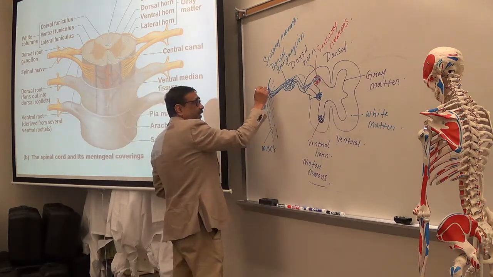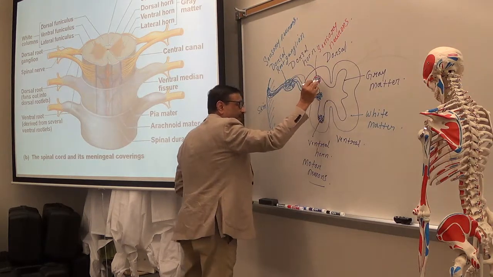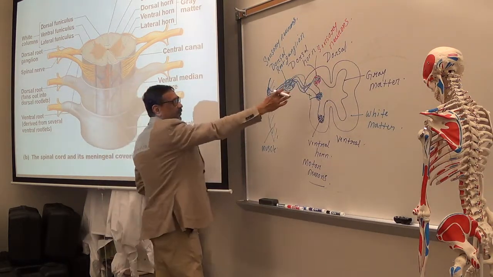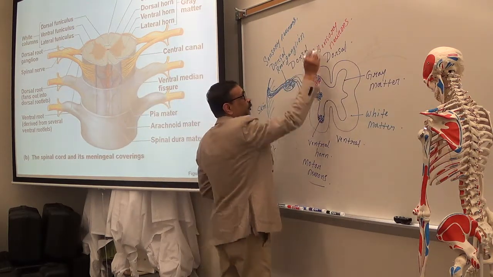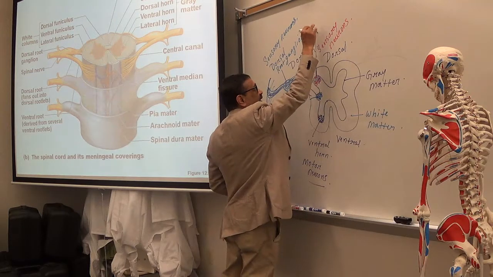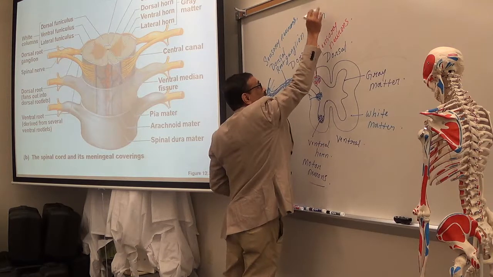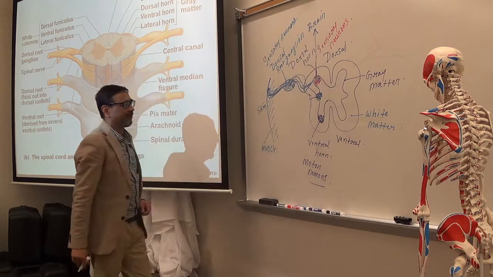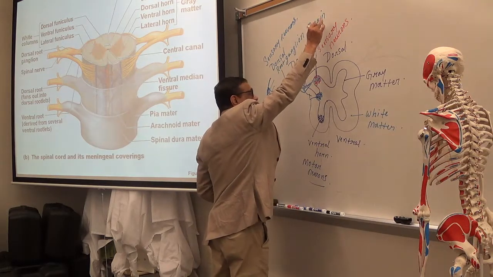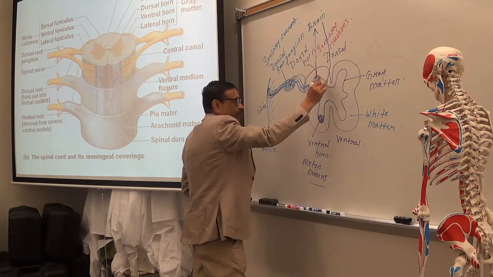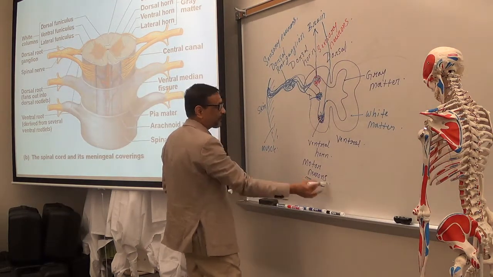So the touch signal will go from here to here, then from here to the dorsal horn, because these are sensory neurons. And then from here, the signal will go to the brain. Ascending tract. You remember that? The ascending tract will take the signal to the brain. And then the brain will send a signal, the motor command, to the ventral horn neurons here, because these are motor.